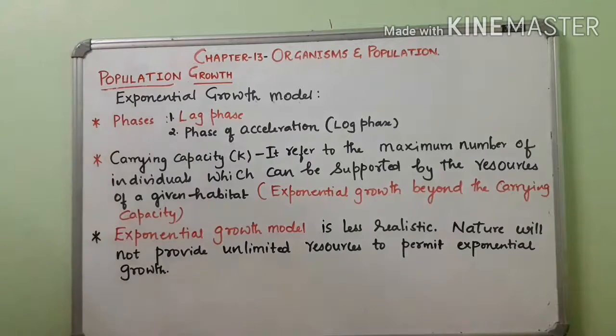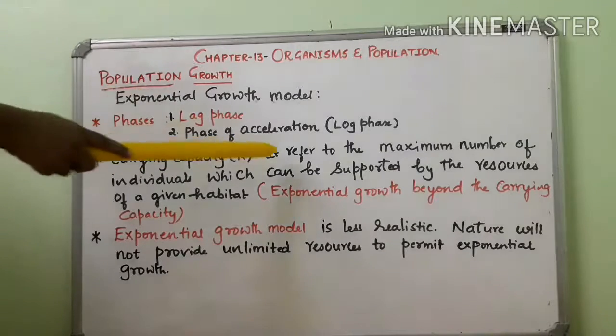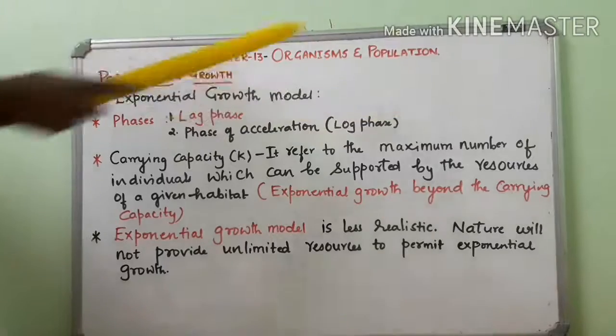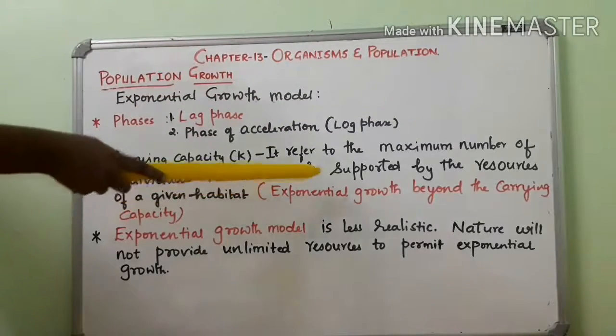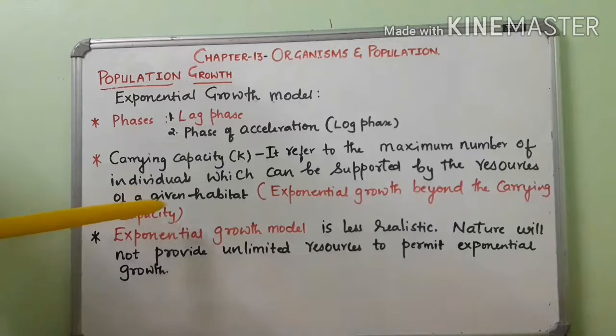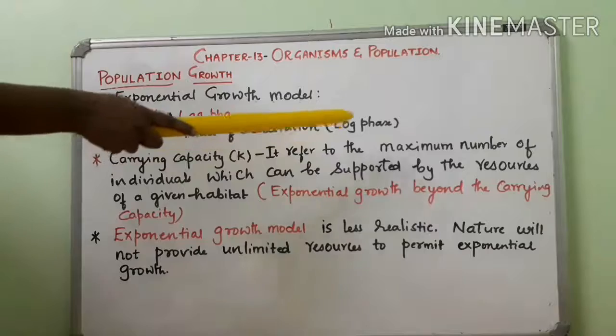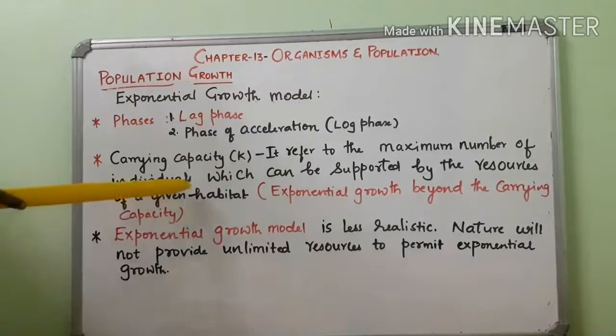Next is carrying capacity. It is always denoted by K. It refers to the maximum number of individuals which can be supported by the resources of a given habitat. In a given habitat, by providing unlimited resources, it gives accommodation to the maximum number of individuals.